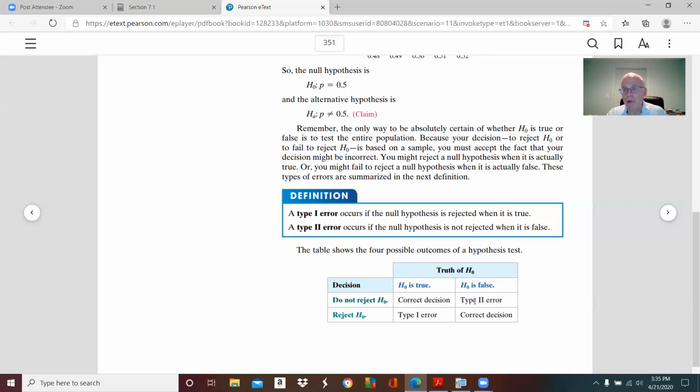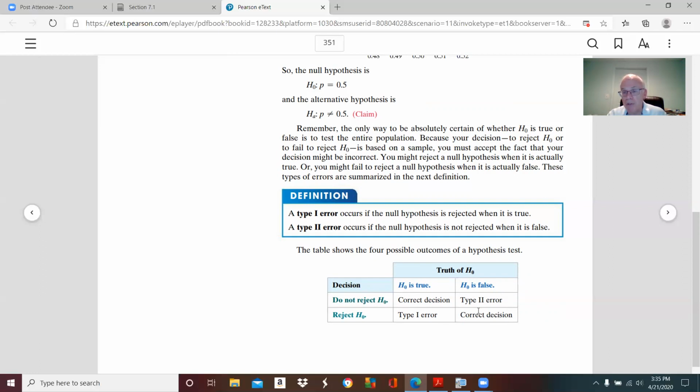So there are 2 types of errors. And actually, when we do the test, we don't know necessarily if we committed an error or not. But again, we have to show that there are these 2 types of errors. Now, for example, if we decide to reject the null hypothesis, and let's say the null hypothesis is actually false.